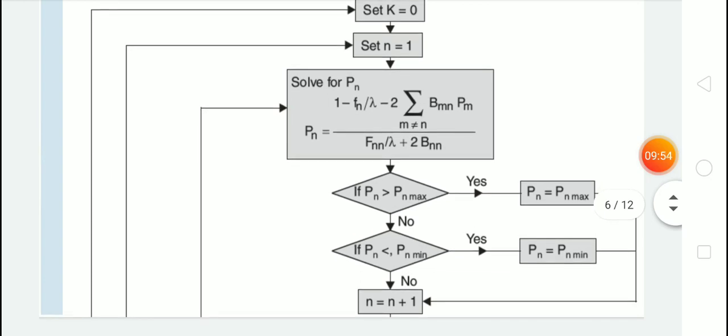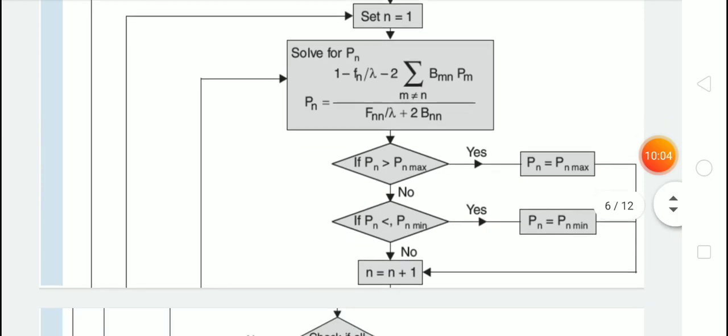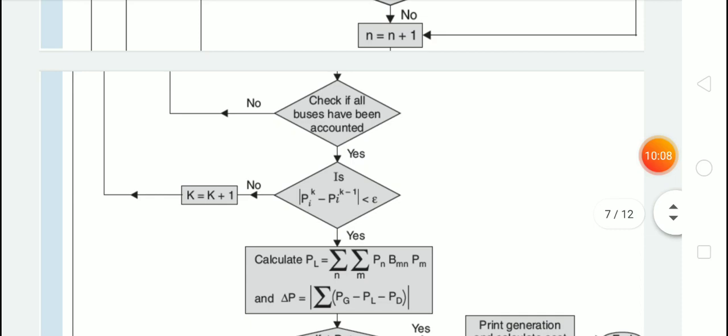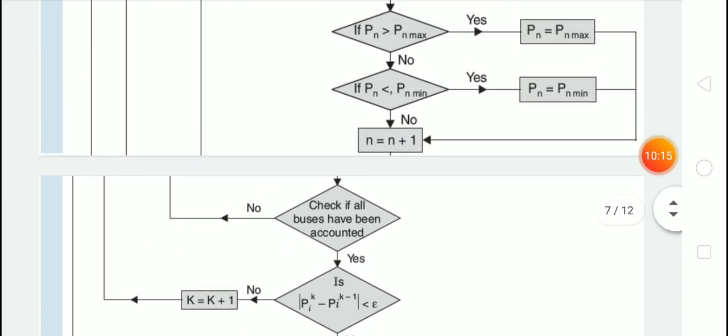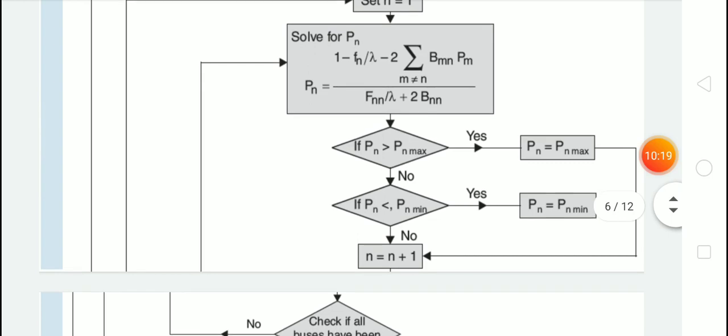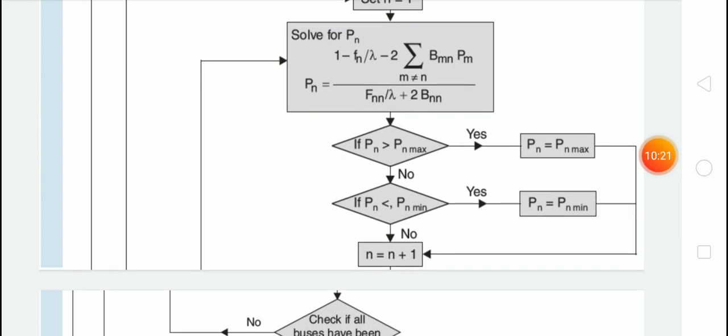Otherwise, if it is within the limit, or after substituting Pn max or Pn minimum, we can increment the bus count to the second bus, or the next n plus 1th bus. Then check if all the buses have been accounted. If no, we have to go for increment to the next bus and calculate power for each bus.